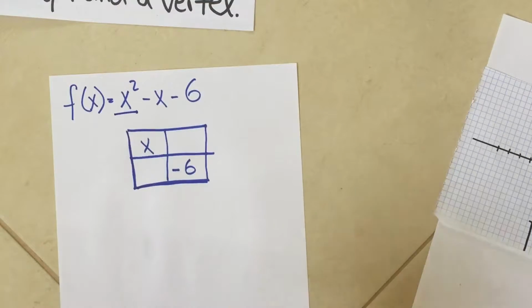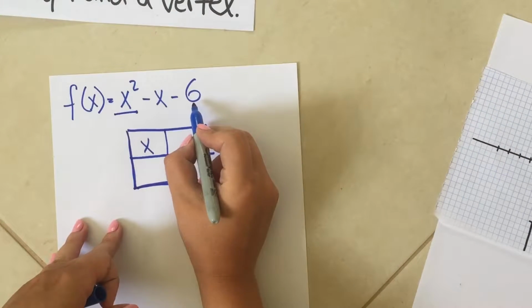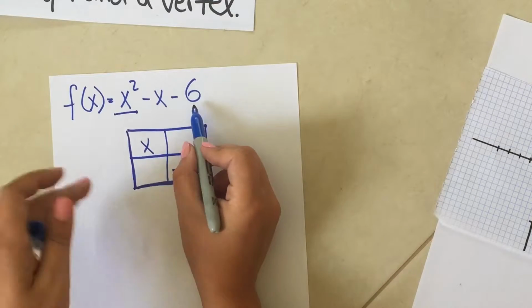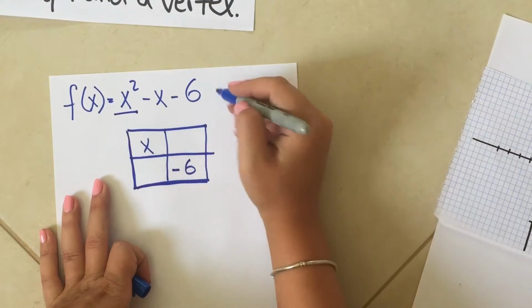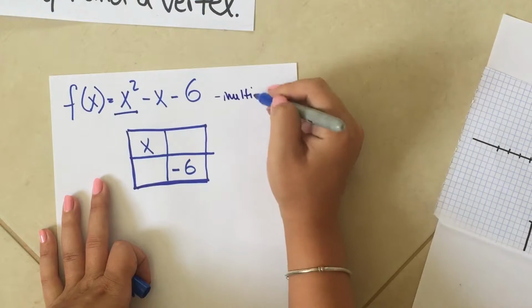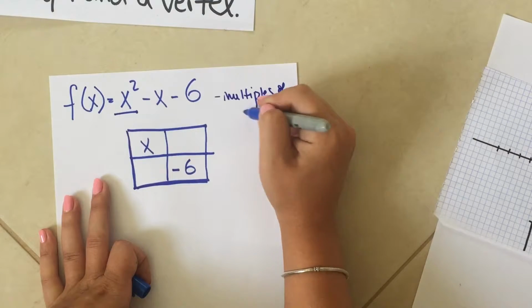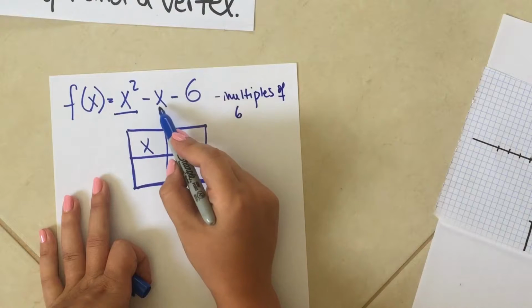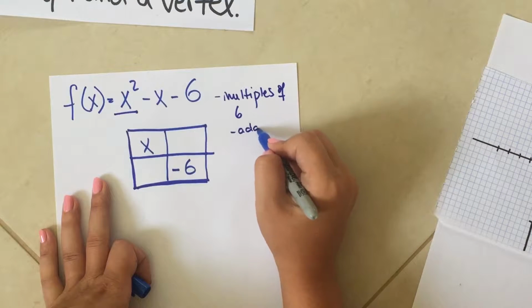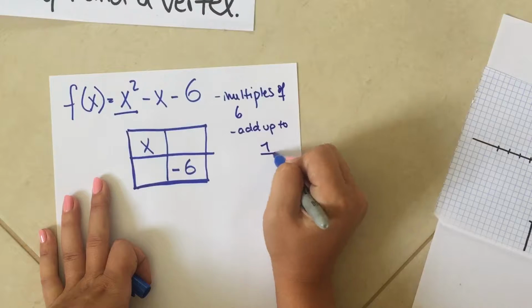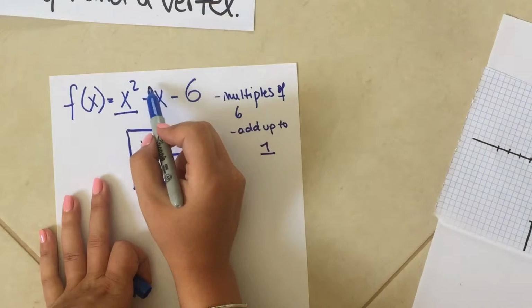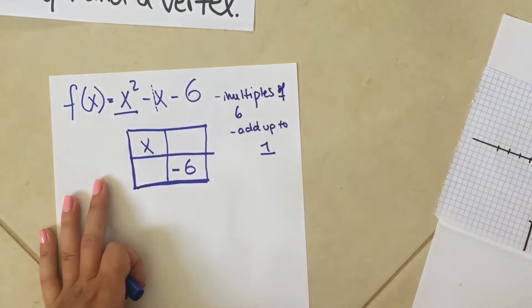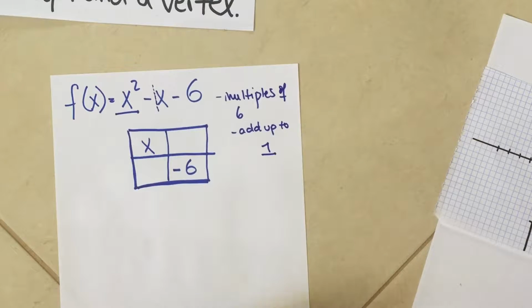So we need to think about the two numbers that are multiples of 6, but add up to 1, because x is the same as 1x, right?